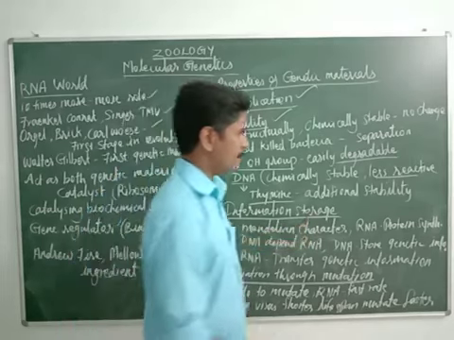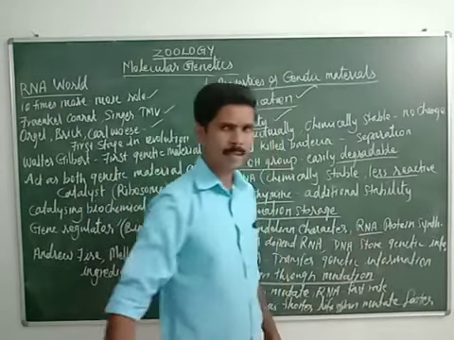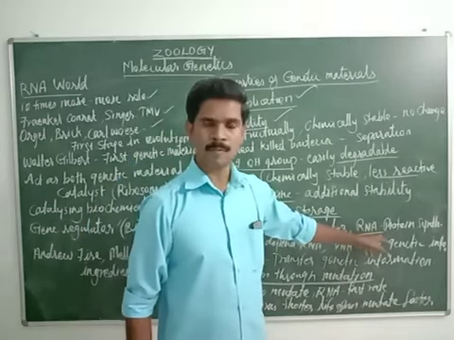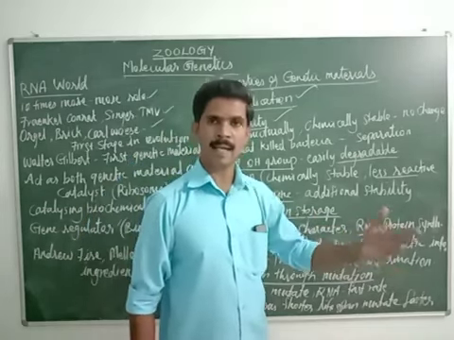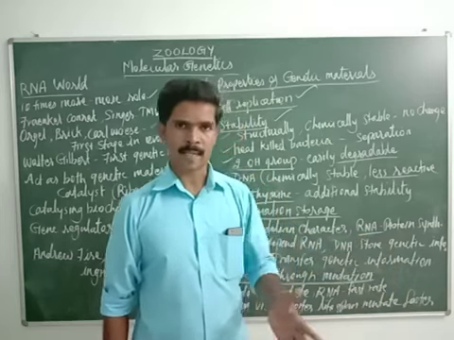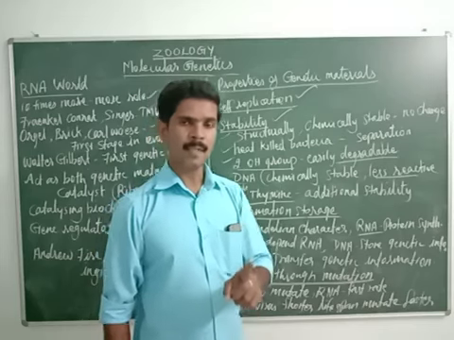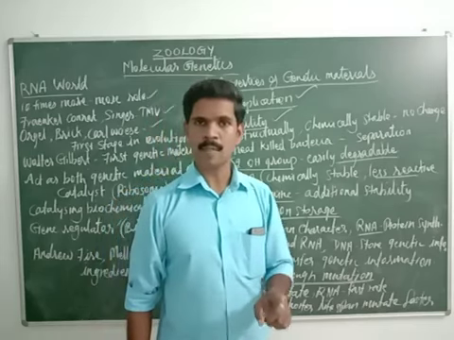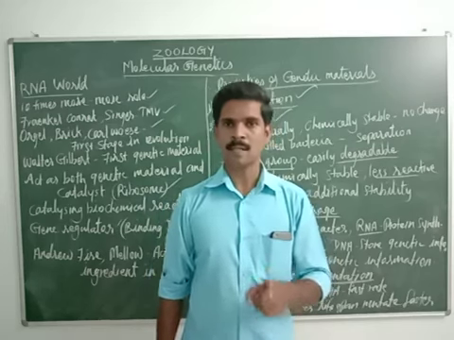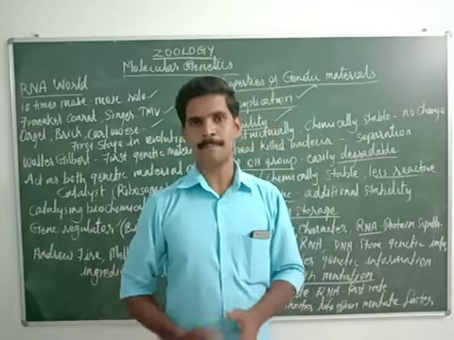Then second, if RNA is the genetic material, the RNA molecules can produce a large amount of protein directly, but the DNA molecule cannot produce protein directly. So to produce protein molecules, DNA is always dependent on RNA.